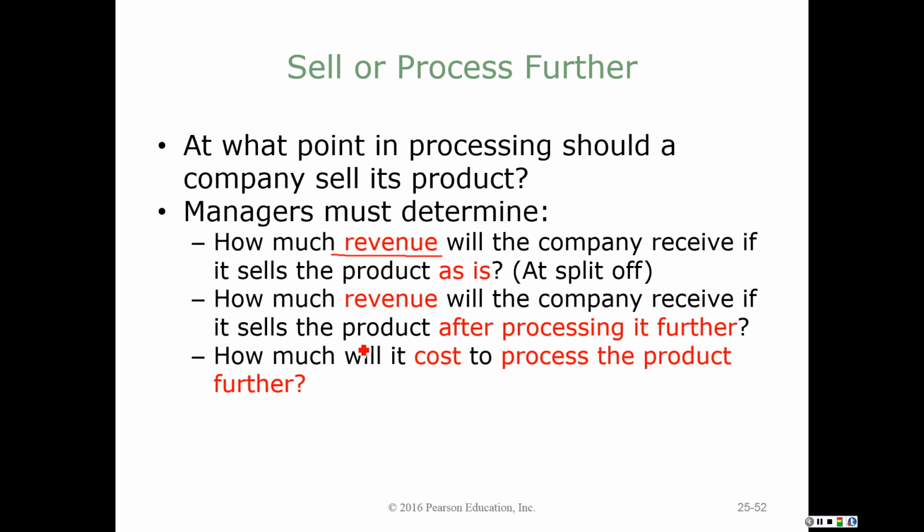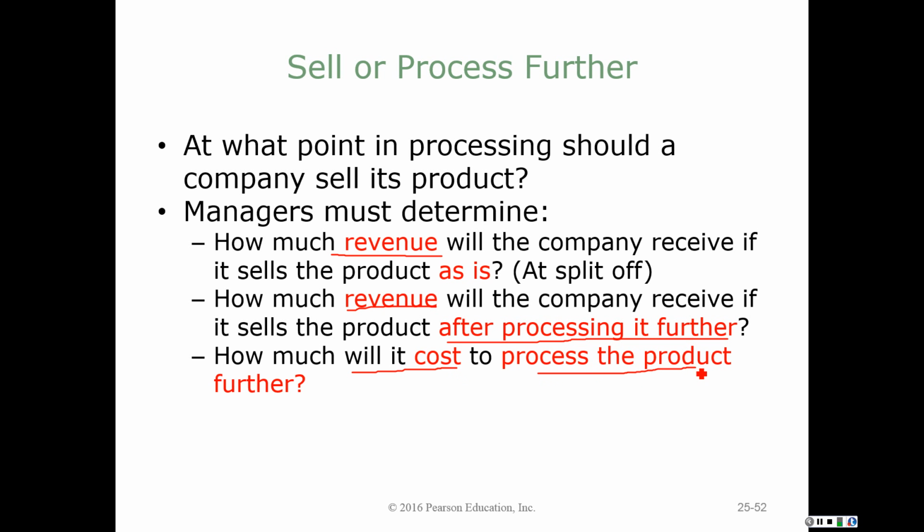I also want to know how much revenue I would generate if the company sells the product after processing it further, after adding the USB port to the tablet. This is called incremental revenue. We know it's going to be $20 more per tablet, and how many of those tablets could I sell? We also want to know what additional costs I would incur to add the USB port, the additional process to this product.